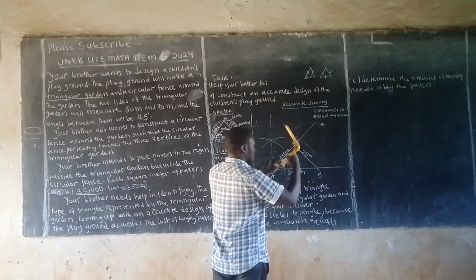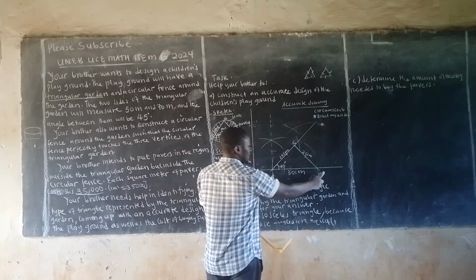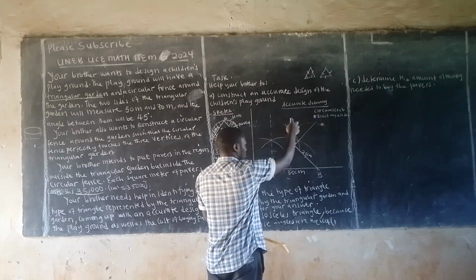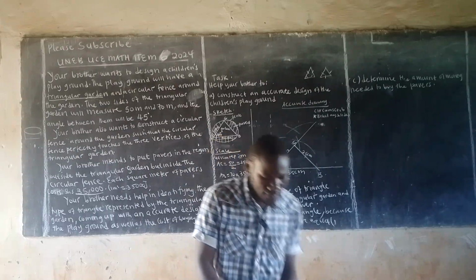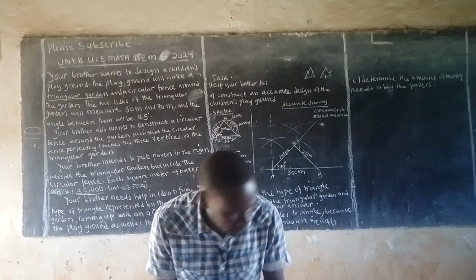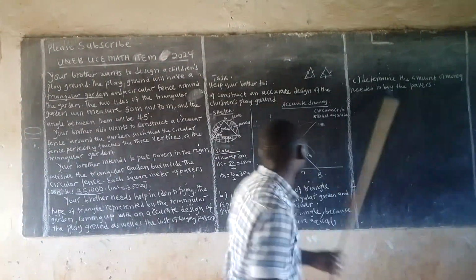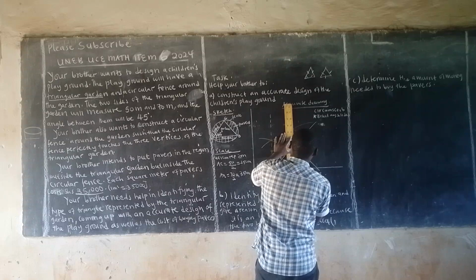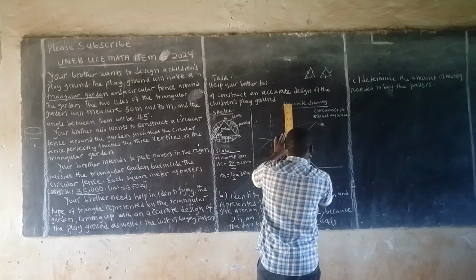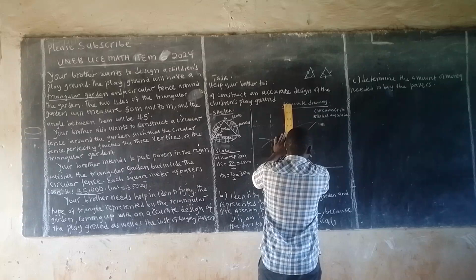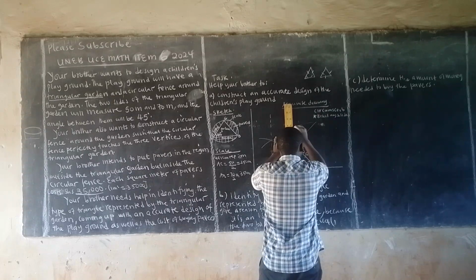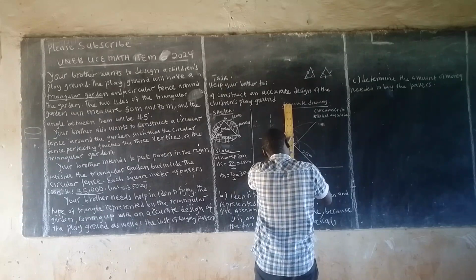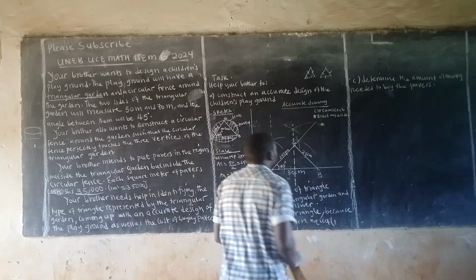To bisect this side, you stand at one extreme end, make an arc, stand at the other end, make an arc, then get a ruler and draw dotted lines. You have to be accurate like that.